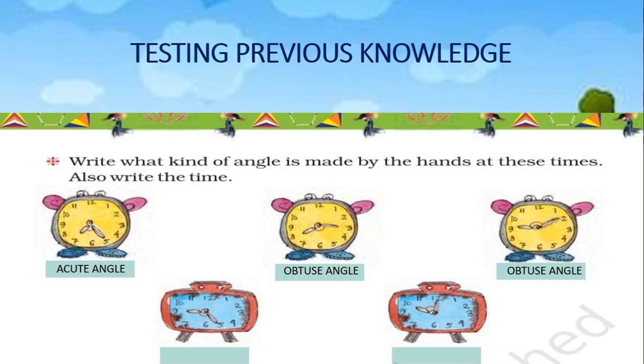The next one is again the same, more than L. So it's an obtuse angle. The last one, as you can see, the hands are less than L apart. So it is an acute angle.